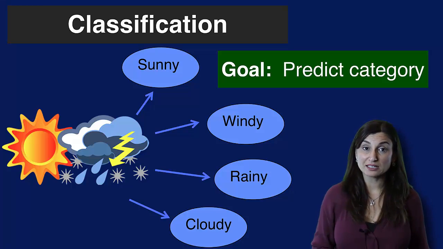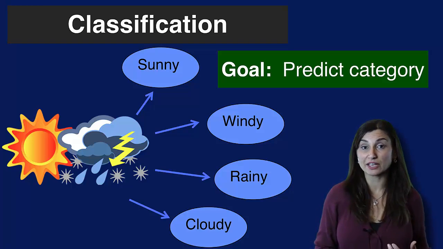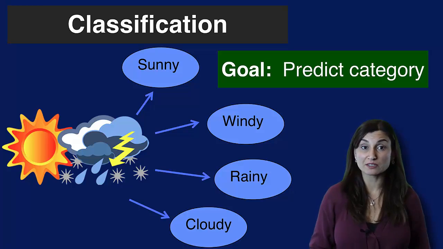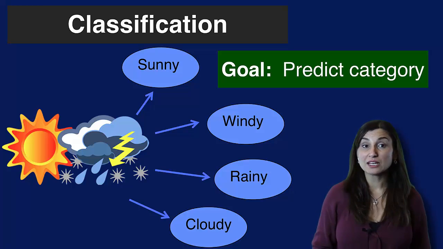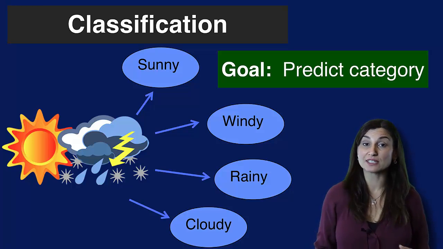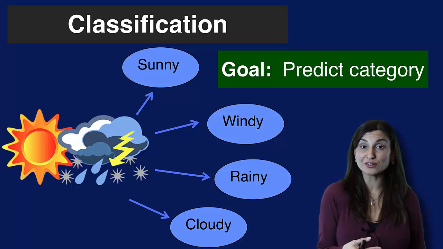In this case, the classification is referred to as binary classification since there are only 2 categories. But you can have many categories as well, as the weather prediction problem shown here having 4 categories. Another example is to identify handwritten digits as being in one of the 10 categories, from 0 to 9.